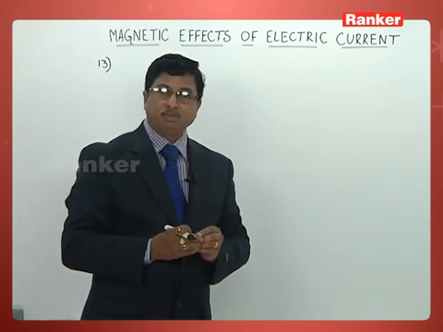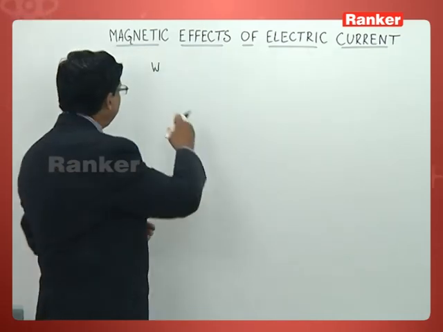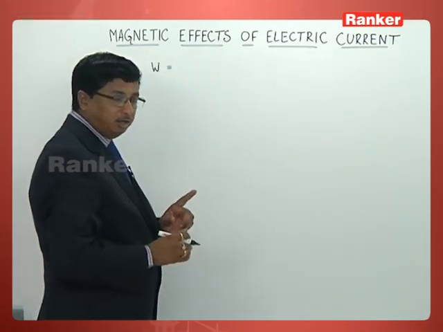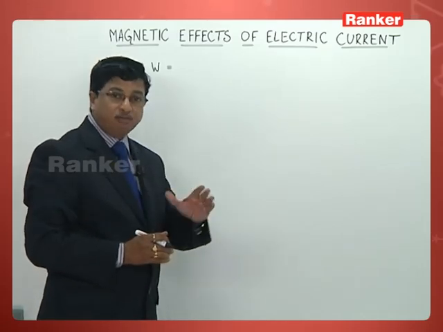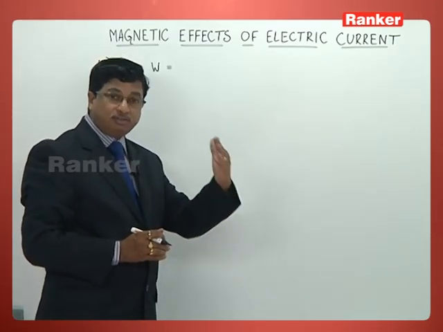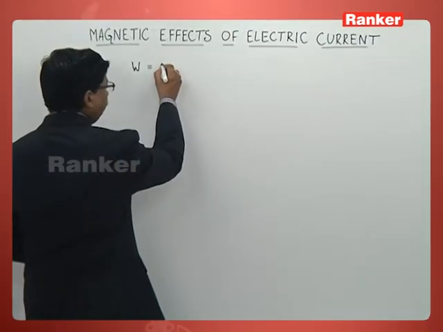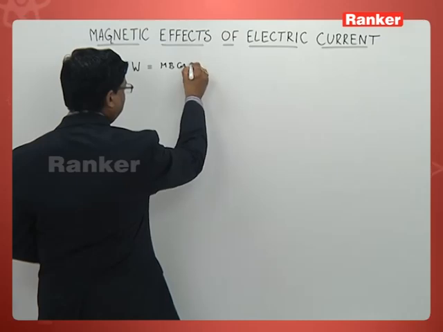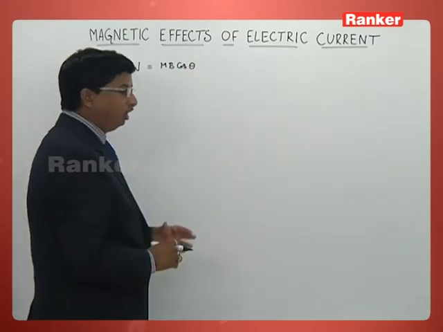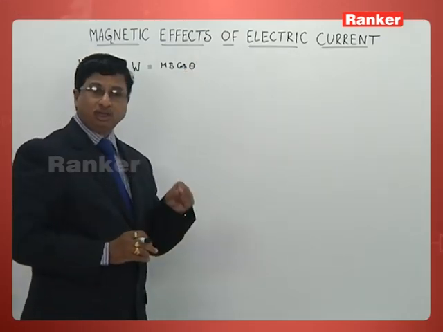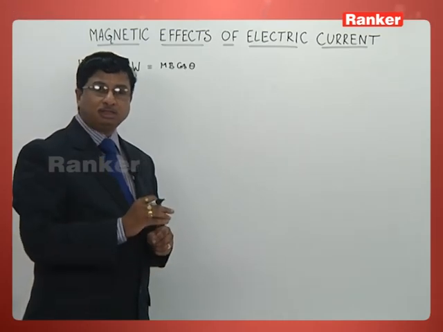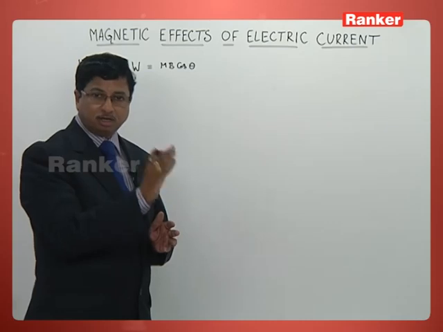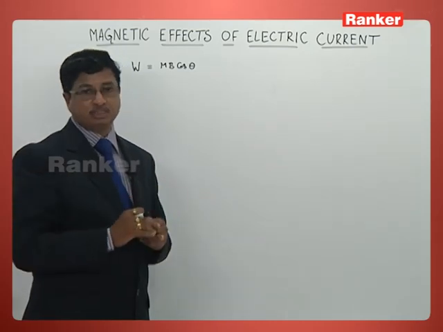So you can certainly understand in this case, work done in rotating a magnet by an angle theta from the direction of the existing magnetic field, W is equal to mB cos theta. In fact, we all know that is the work in rotating the magnet by an angle theta from the direction of the magnetic field. That is the concept.